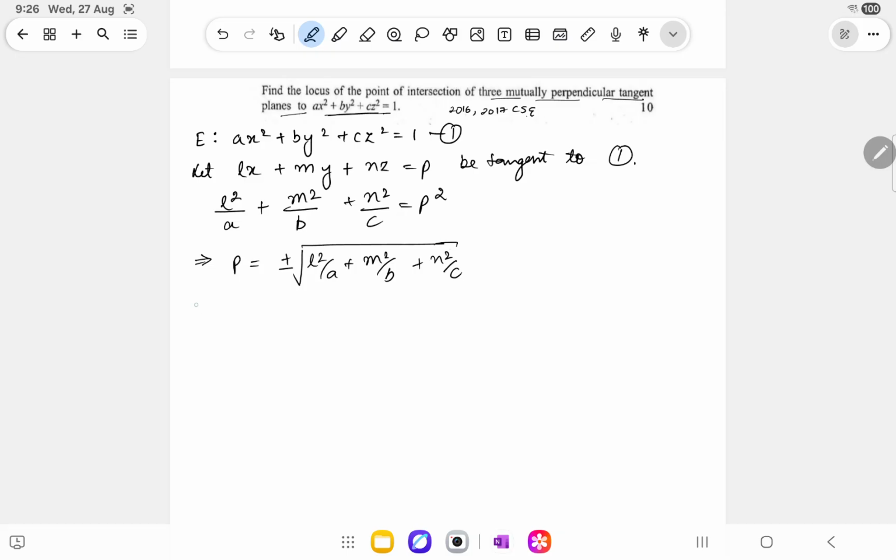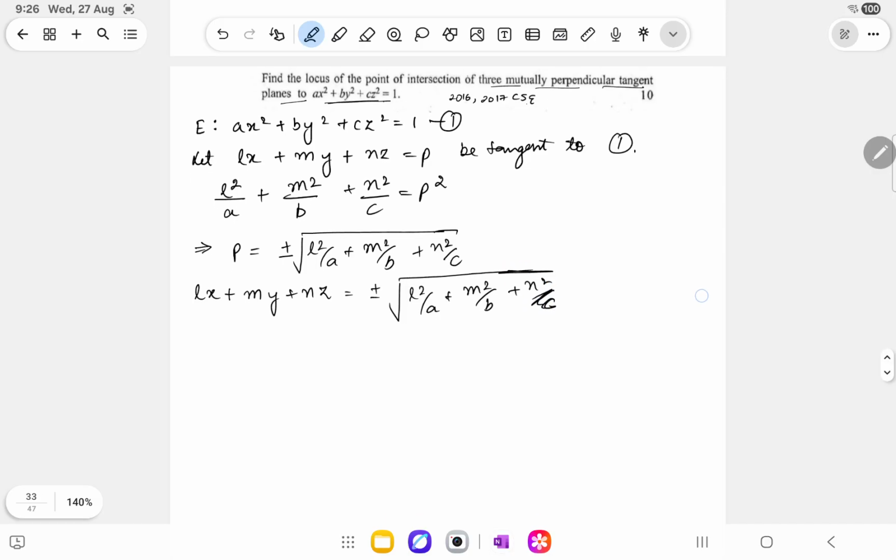So any tangent plane to the equation 1 will be of the form lx plus my plus nz is equal to plus minus under root l square by a plus m square by b plus n square by c. So this is the equation of any arbitrary tangent plane to equation 1.